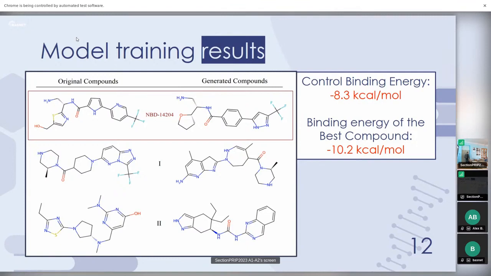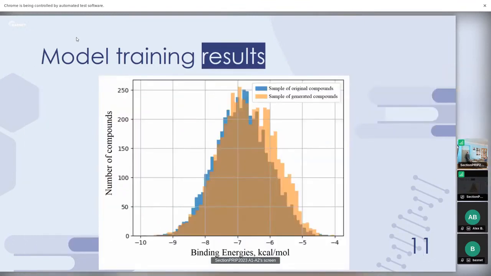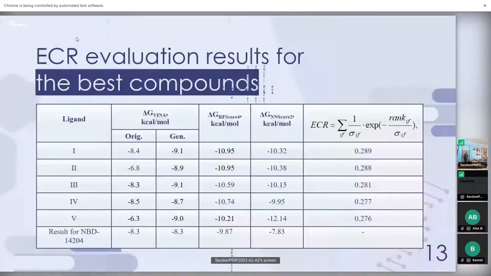It's quite a strong difference, and it's quite a good result. And there are some more of our results in digits. Okay, there are our parameters for generated compounds, and you can try to see results for original compounds and for generated compounds.